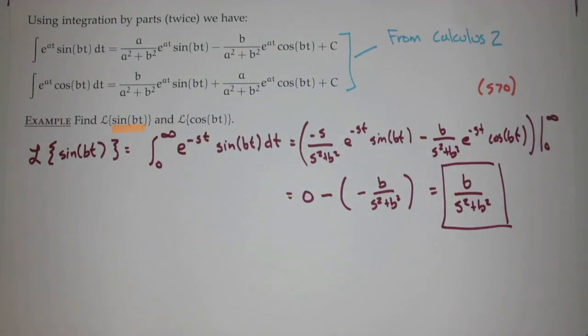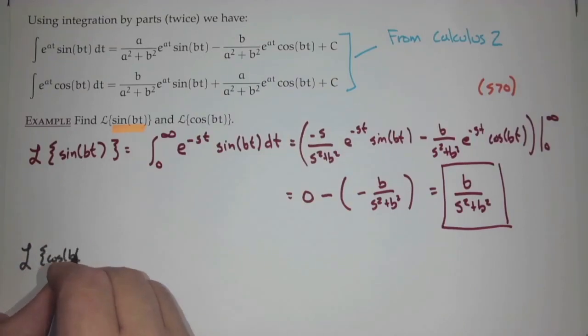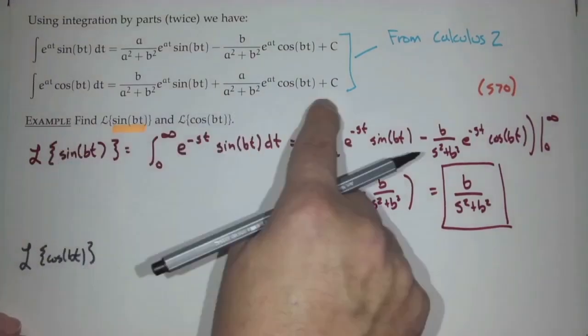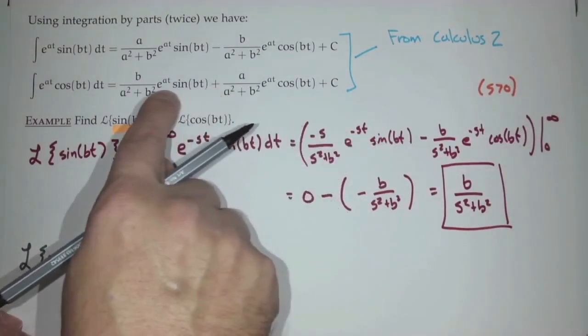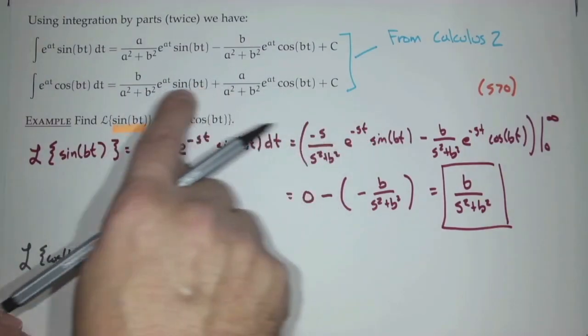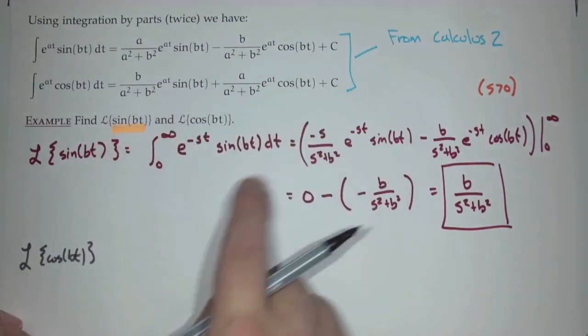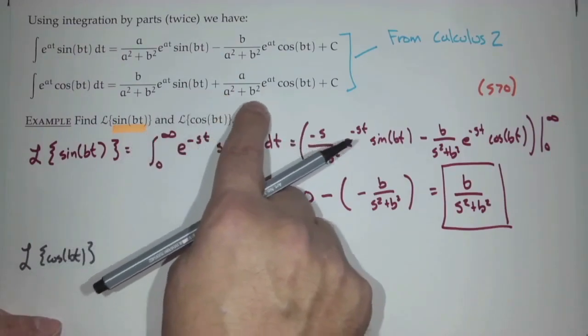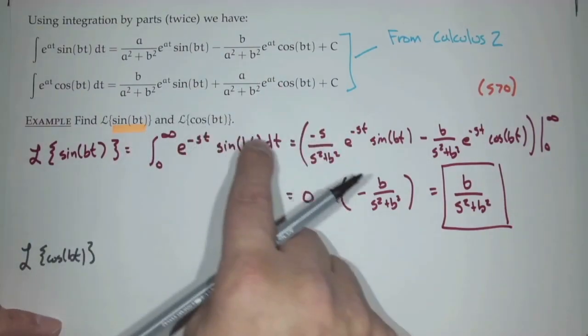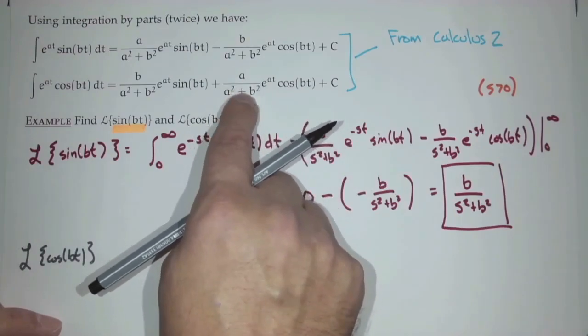Okay, so that was sine. You might say, okay, Steve, what happens with cosine? Well, what will happen with cosine is the following. You have the same kind of setup, and now you just think about the pieces. As t goes to infinity, the exponential term drives it to 0. At 0, the sine term goes away, so what you have left over is the piece at the front.